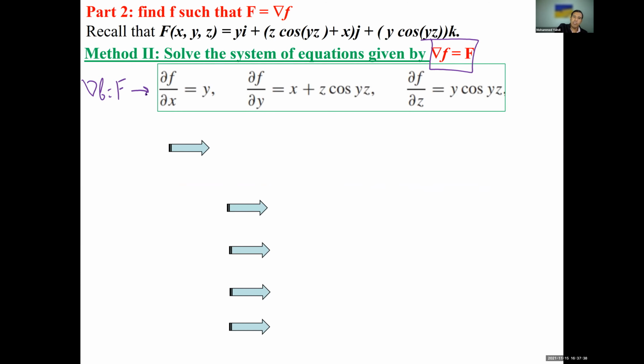The partial derivative with respect to x should be equal to the first component, the partial derivative with respect to y should be equal to the second, and the partial derivative of f with respect to z should be the third component of the vector field. We're going to work with that. This is similar to something you probably worked on in multivariable calculus. So first one, partial derivative of little f with respect to x equals y. We take the integral of both sides.